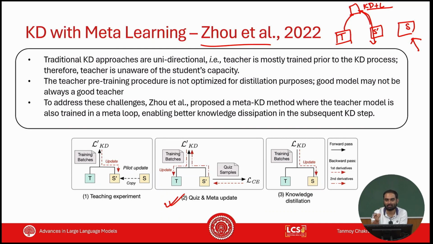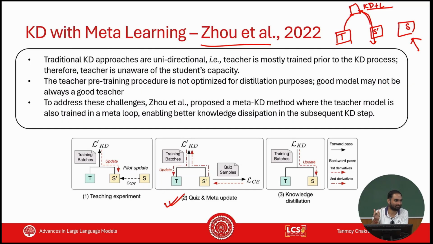I will see how the students perform, and I will check their scripts, their answers, and from the answers, I will try to rectify myself or update myself, right? So far, the teacher has not seen the answer of the student. Now I will introduce a new data called the quiz data. I'll give the quiz to the students. The students write the answer.